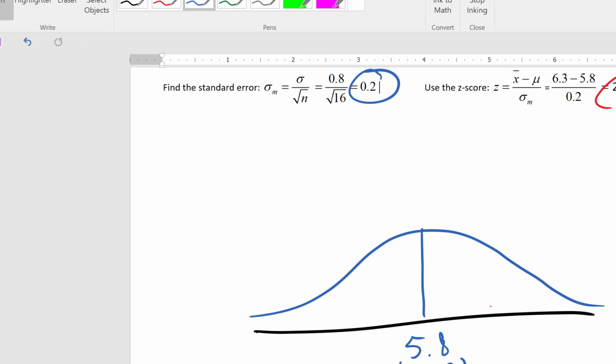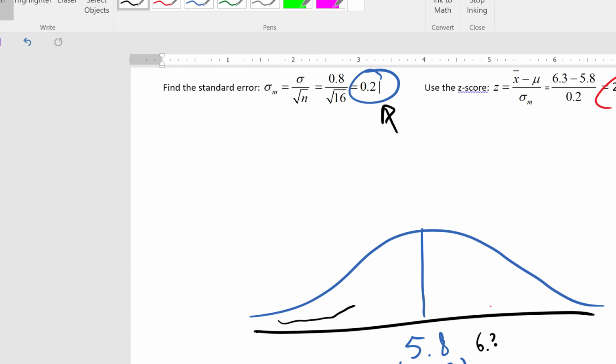Now the sampling distribution, the comparison distribution, in black, has a smaller standard deviation, right, at 0.2, and its mean was, was it 6.3?